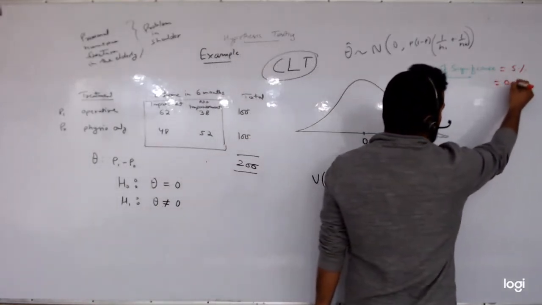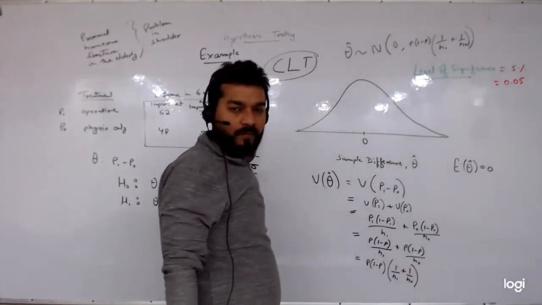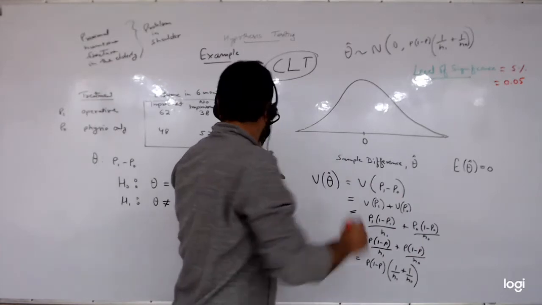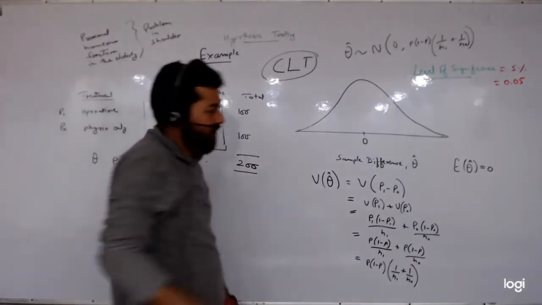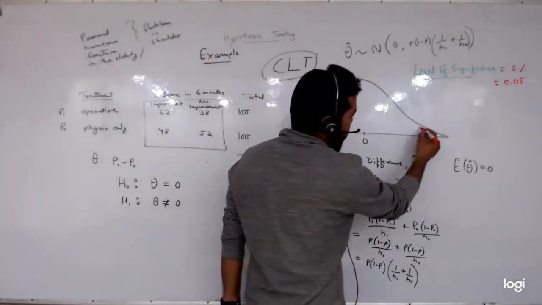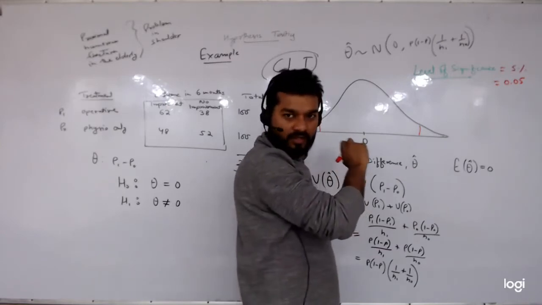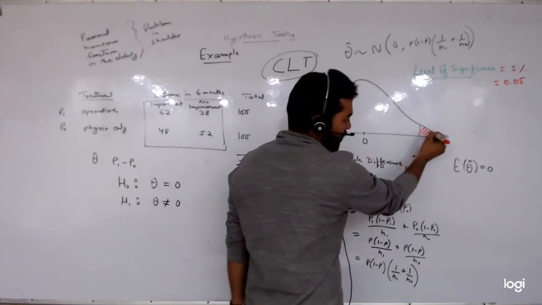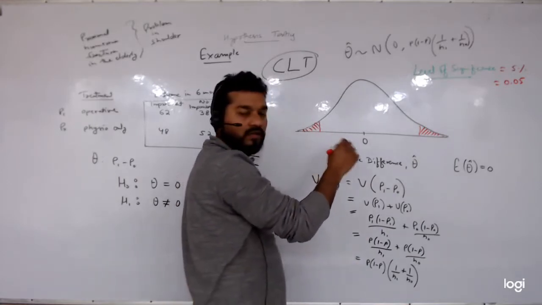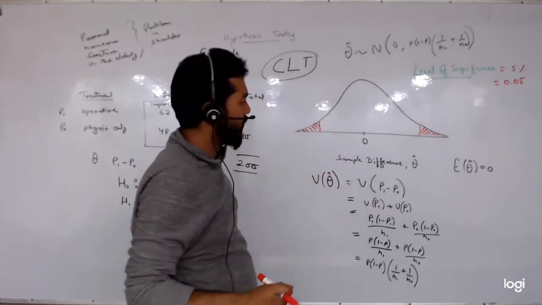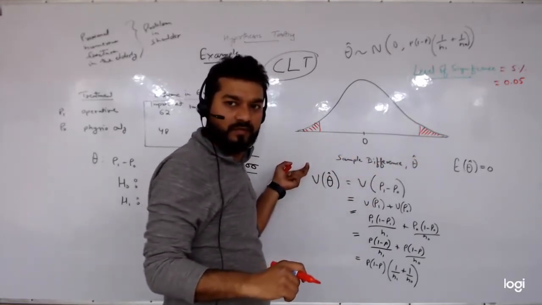In terms of ratio, this would be 0.05. And if you're doing a two-tailed test, we should have our critical value positioned such that the area here and the area here should be 2.5%, 2.5%, together 5%.